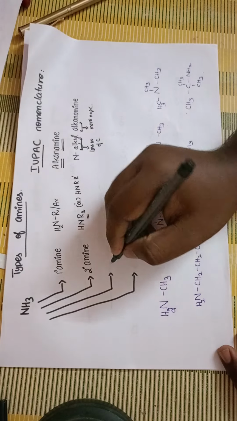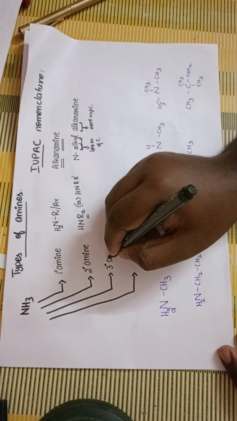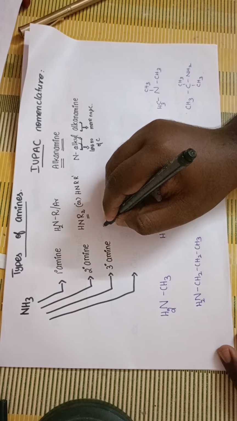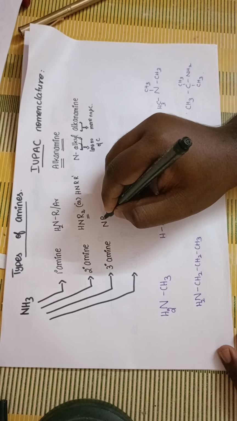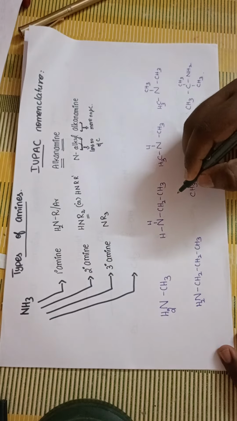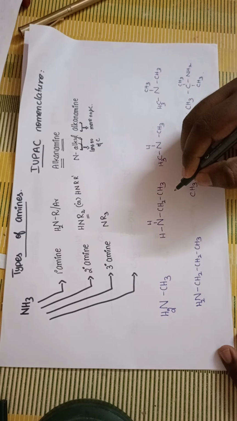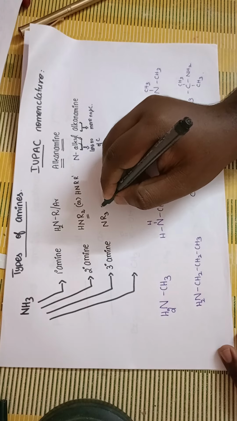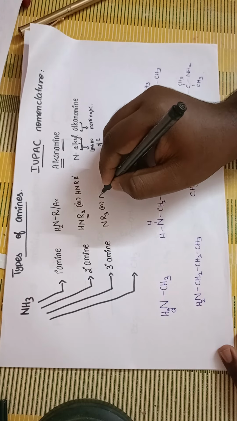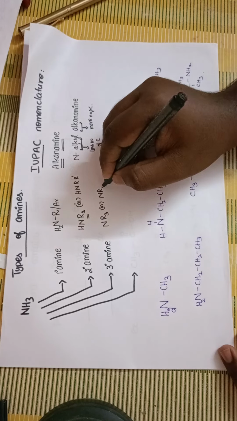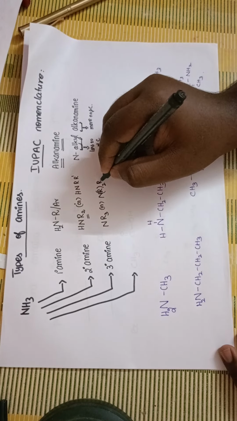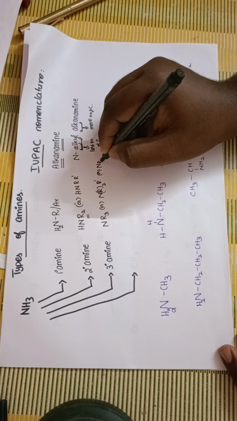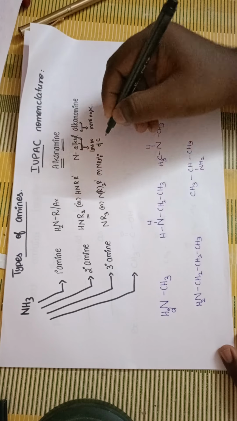So tertiary amine. Tertiary amine means all the hydrogens of ammonia are replaced by alkyl groups. The 3 alkyl groups may be the same, or 2 may be the same and 1 different, or R, R dash, R double dash.